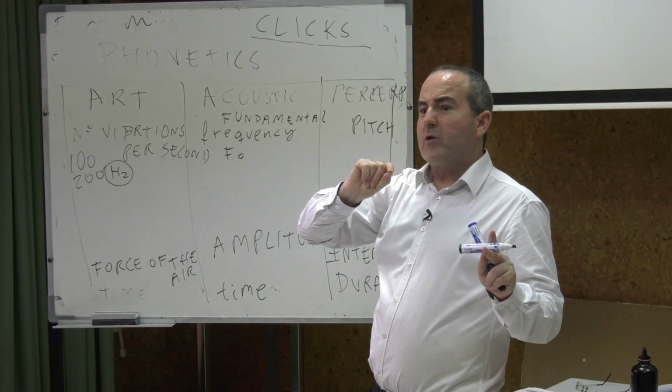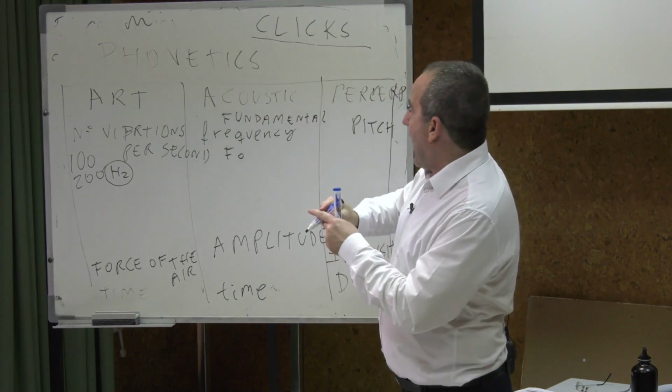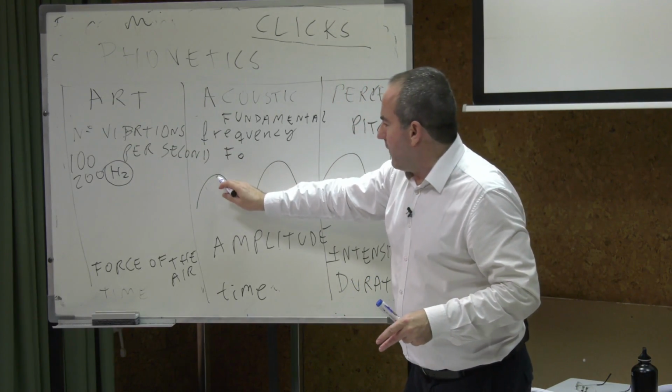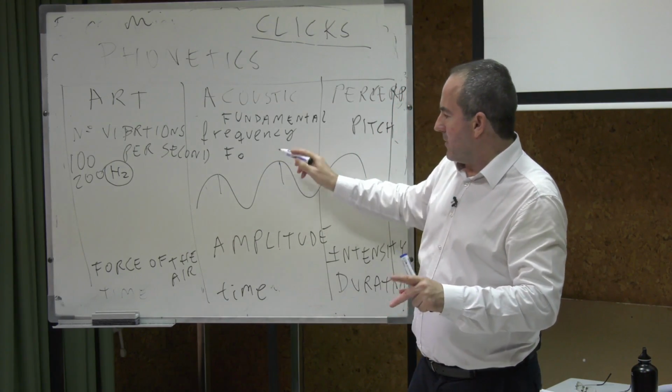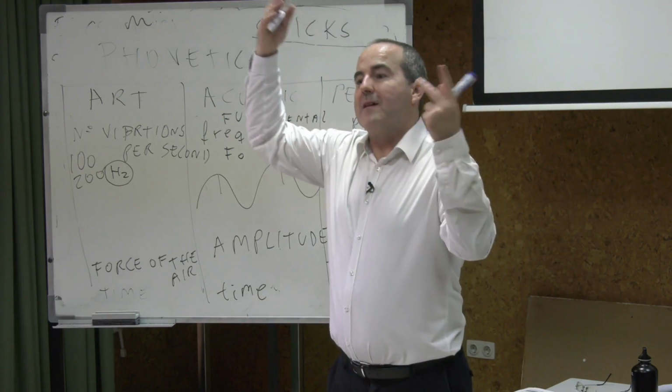They're going to cause a displacement of the particles of air. So the amplitude of the sound wave is going to be larger, and that's going to correspond to a sound that is perceived as louder.